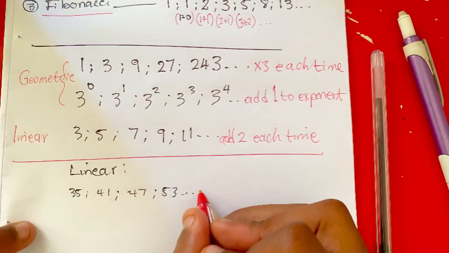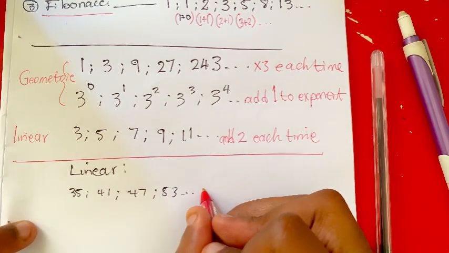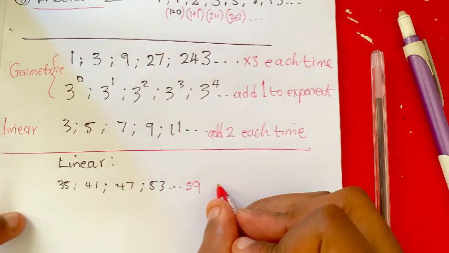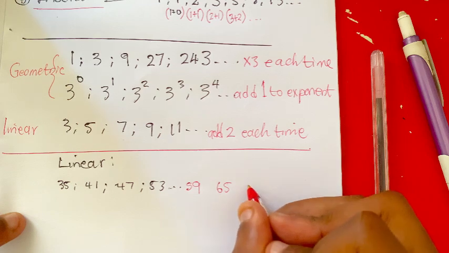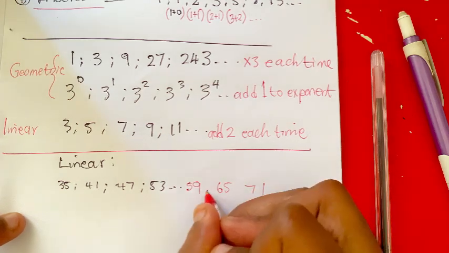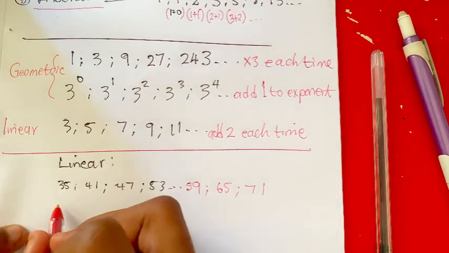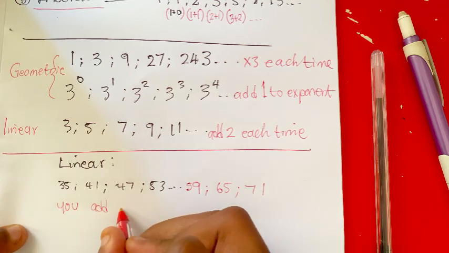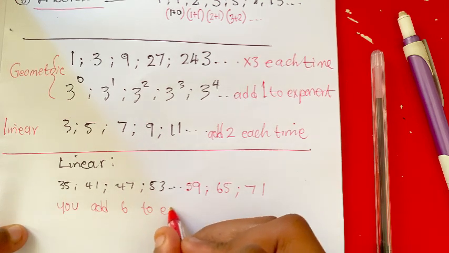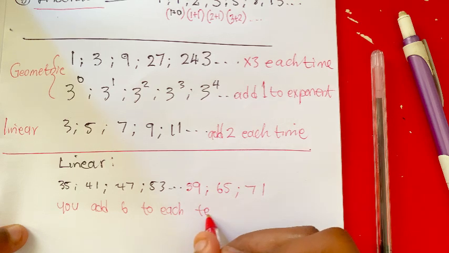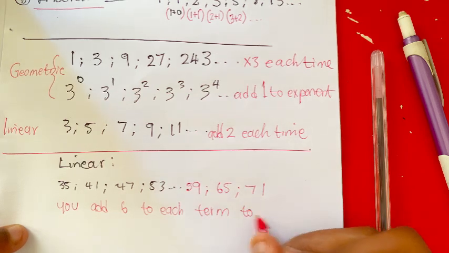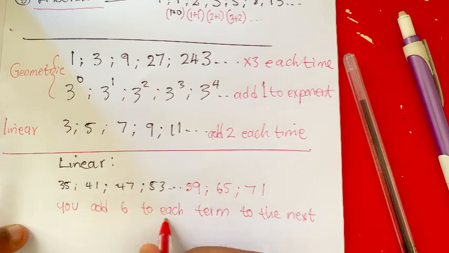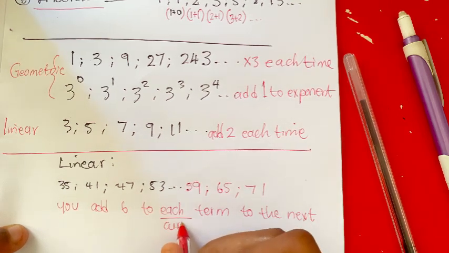So here, the next one would be 53 plus 6, 59. 59 plus 6, 65. 65 plus 6, 71. So your conjecture is that you add 6 to each term to get the next. Each term means the current one.